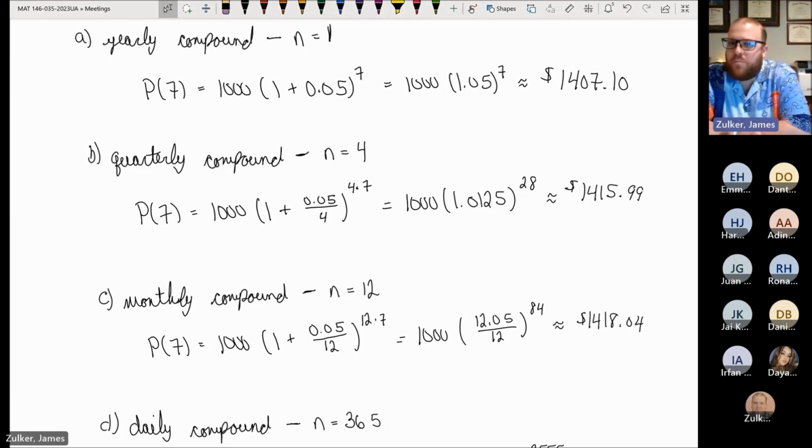Okay, but why is there more money? Because the initial investment was the same, 1,000. Because it compounds more often.